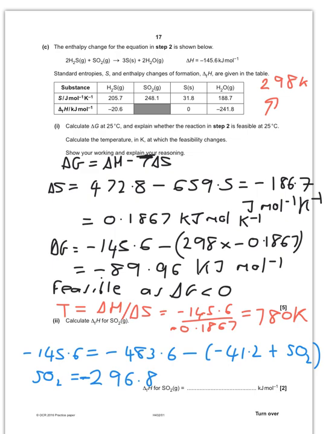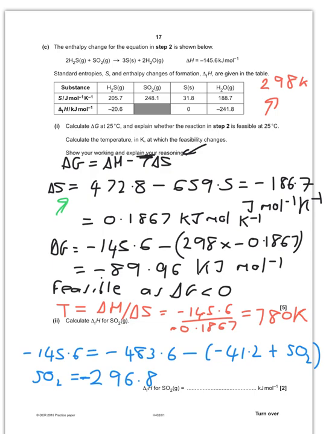Right, so I'm now going to do some delta G calculations. So I put my delta G expression there, which of course you need to know. I first of all need to work out my entropy change for the reaction, which is the entropy of your products minus the entropy of the reactants, which I have done here.